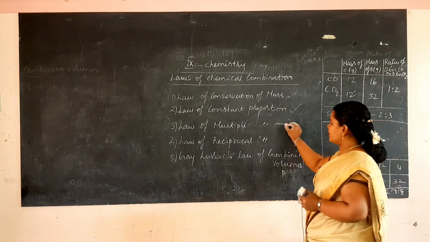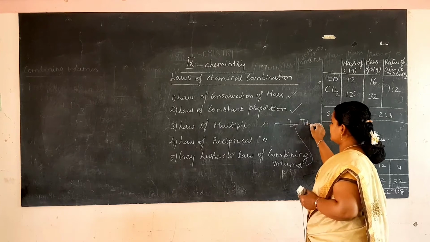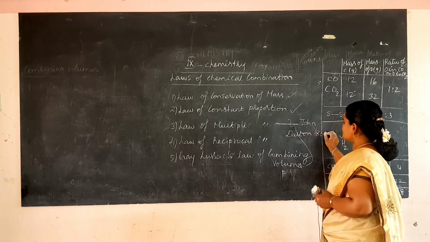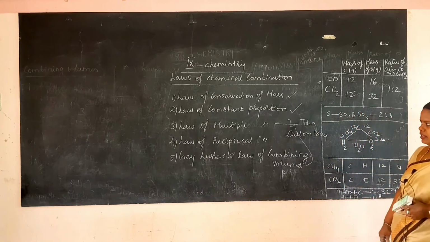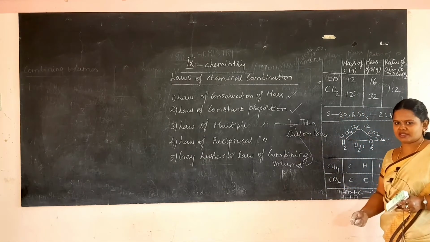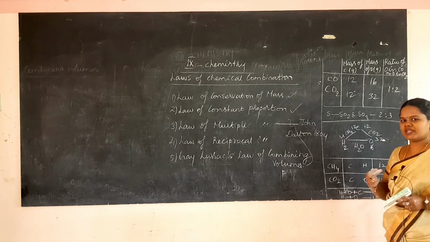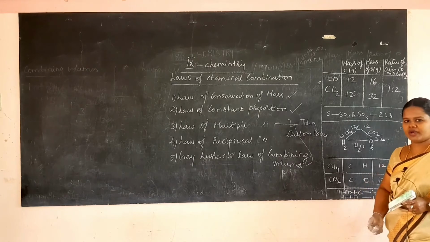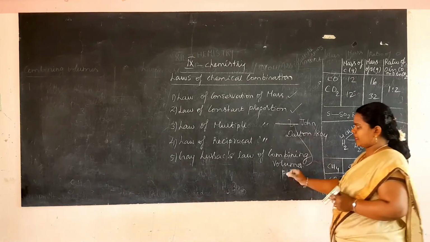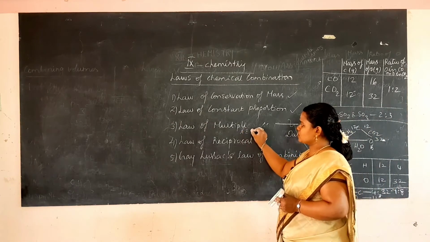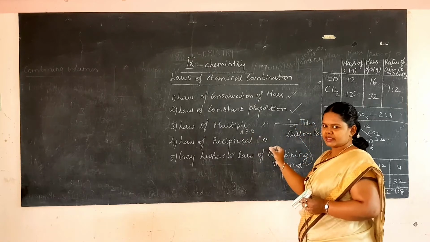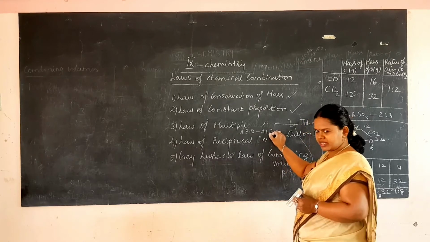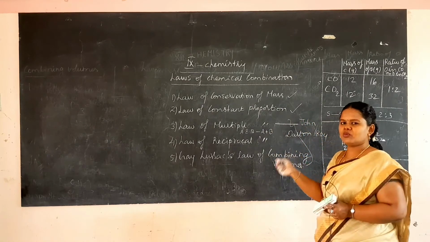This law of multiple proportion was given by John Dalton in 1804. He said that when two elements combine to form more than one compound, for example A and B, then the mass of A that combines with a fixed mass of B bears a simple numerical ratio.